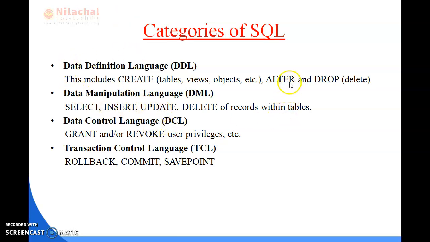Okay. Let's see what is the difference between alter and update. Alter is a DDL command, whereas update is a DML command. When we give the alter statement, it updates so many things, not one row. It may add a column, maybe delete a column, maybe rename the column, maybe rename the table name.